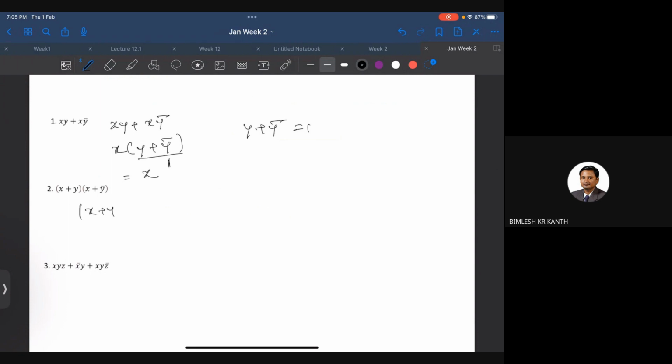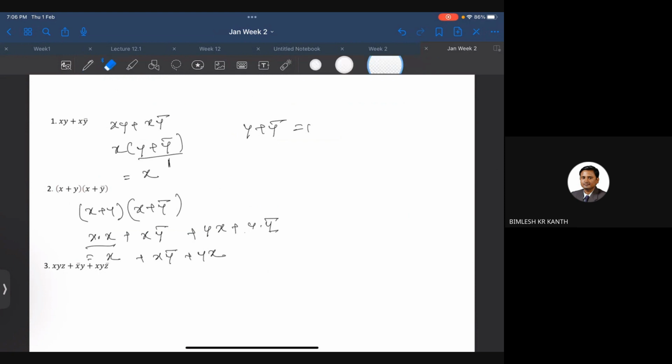x plus y bar, multiplied out: x and x, then plus x y bar plus y x plus y y bar. Now x dot x will be x, so this will be x plus x y bar plus yx plus y dot y bar, which will be 0.